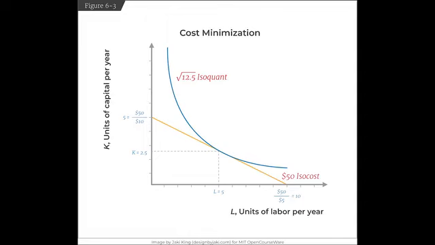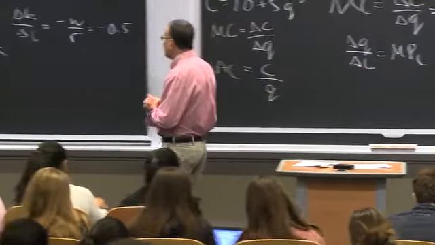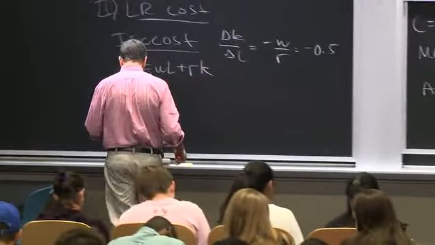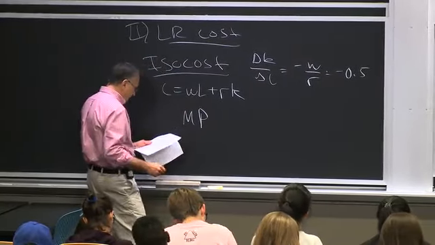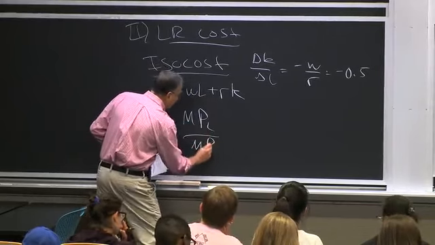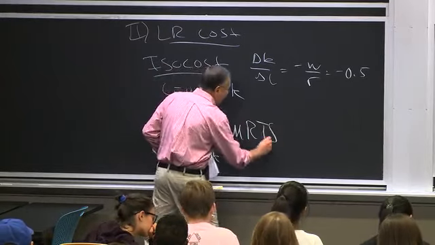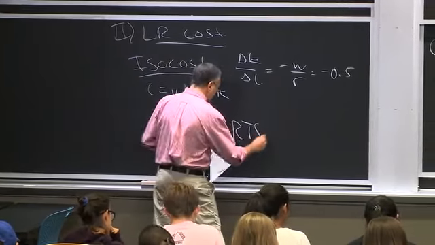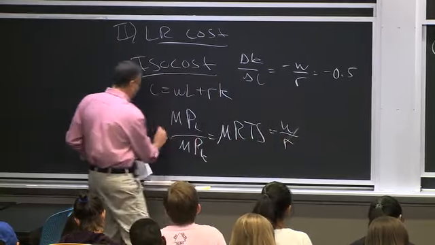And that tangency condition, once again continuing our parallels to consumer theory, is going to deliver that the marginal product of labor over the marginal product of capital, which we called last time the marginal rate of technical substitution, is going to be equal to W over R. Actually, the negatives of these are equal to each other, but we'll just cross out the negatives.